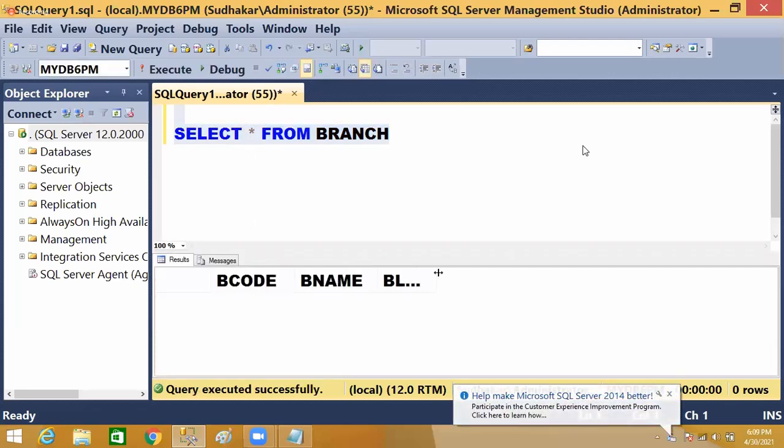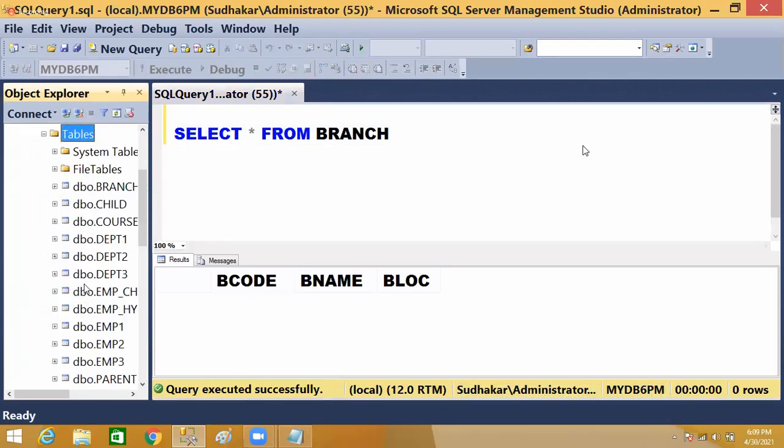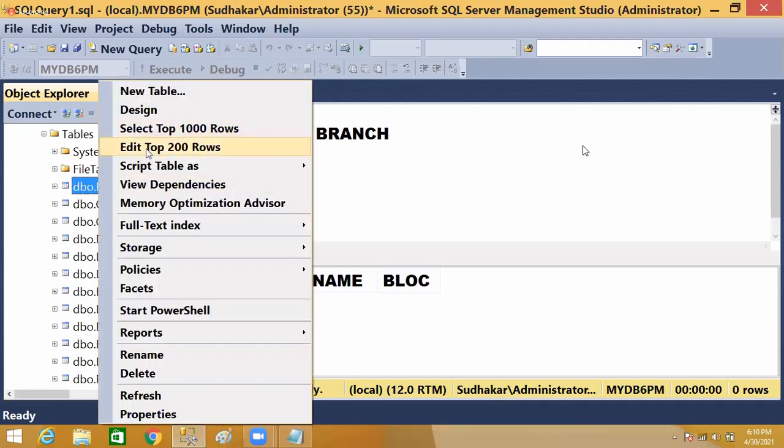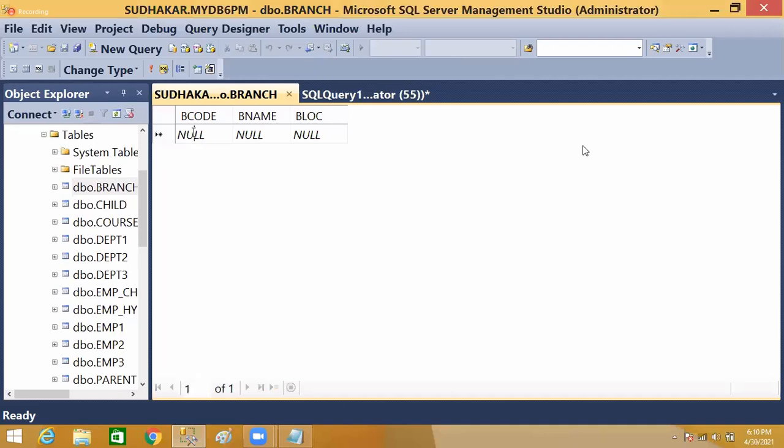Now I'm going to insert some data into the branch table, guys. Let you see, I'm going to insert here. So 1021 SBI HYD.